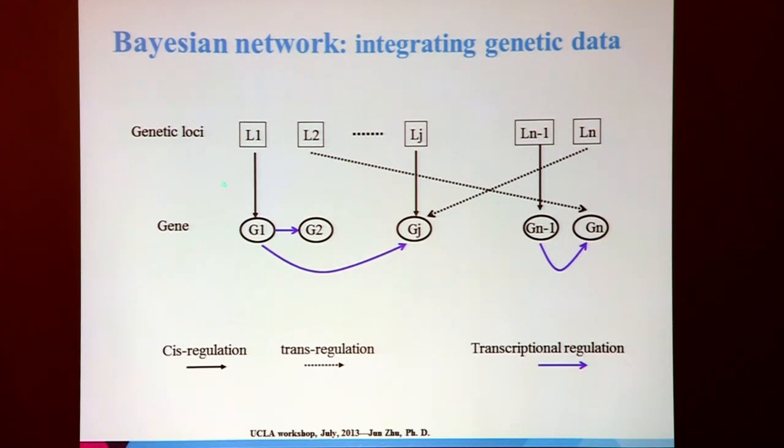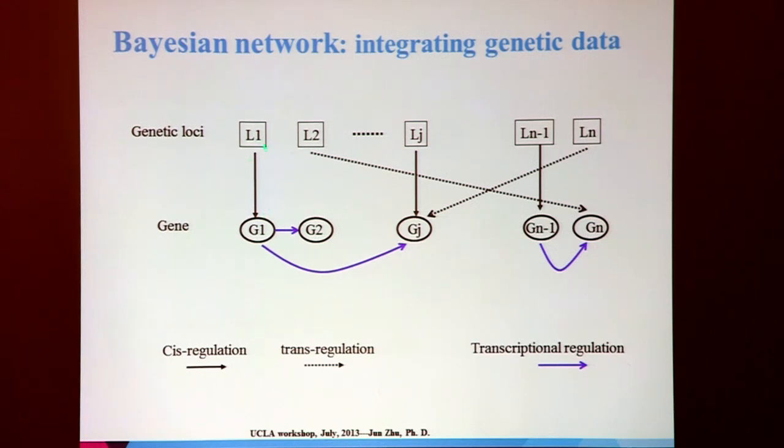Yes, it's possible. This goes a step further, with all the nodes together in the network. Not only does a node represent a gene or gene expression, but also its genetics, a locus.